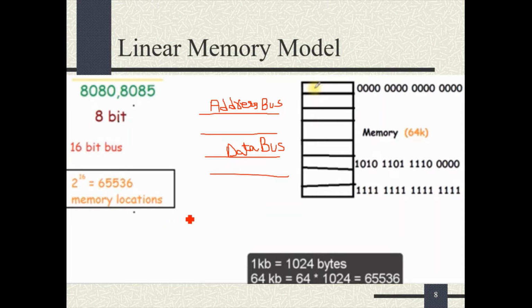Two common scenarios, or operations, or control signals from the processor to memory are read and write.